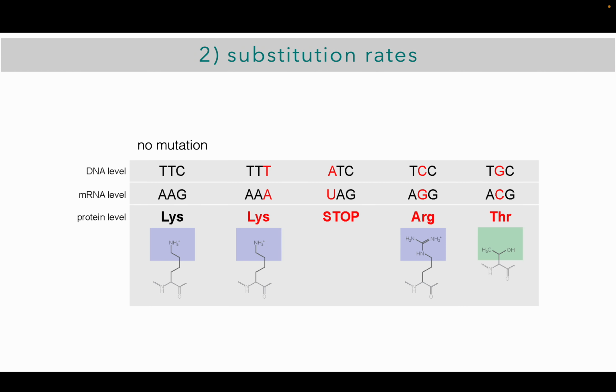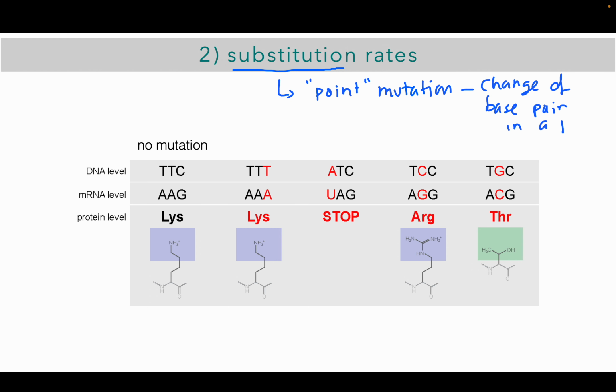Number two, substitution rate, right? We talked about substitution before, that is actually mutation, but more specifically, this is what we call point mutation. It's a change of base pair in a particular place.